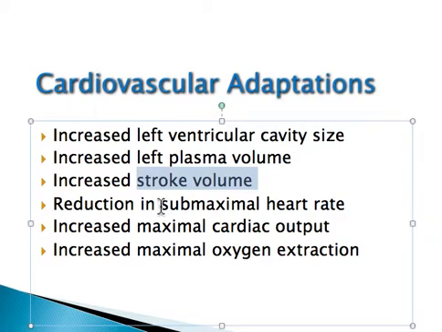We know that max heart rate is 220 minus age, so actually max heart rate is age dependent. But at submax exercise, there'll be a reduced submax heart rate. Because of a larger sized heart and greater stroke volume and greater plasma volume, there'll be an increase in max cardiac output, and that is delivery.